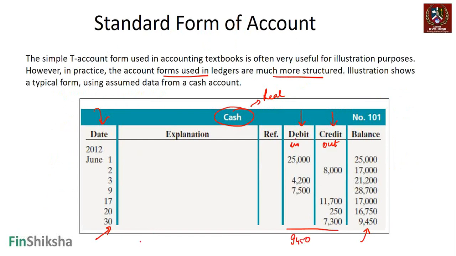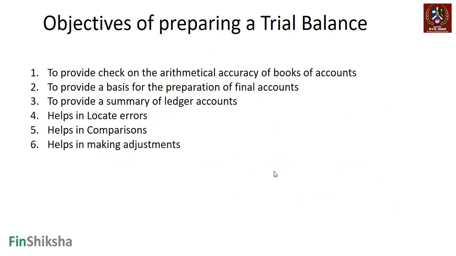So when you create the trial balance, you will say cash account, and on the debit, you will put in 9450. Similarly, other accounts will have some credit here or there, and that should match at the end of creating a final trial balance, right? So that's basically how you go about looking at a trial balance.